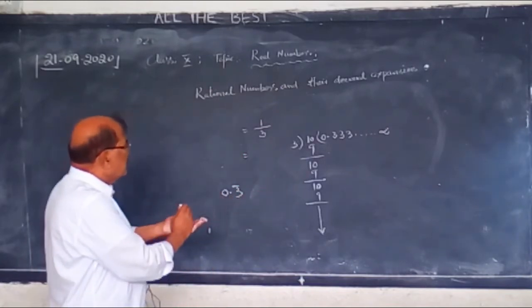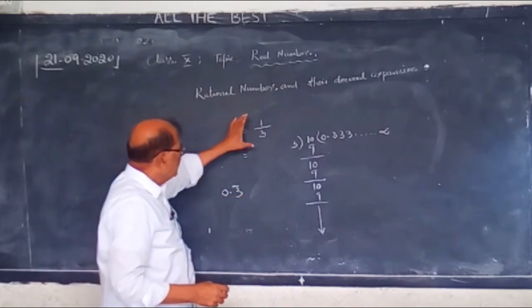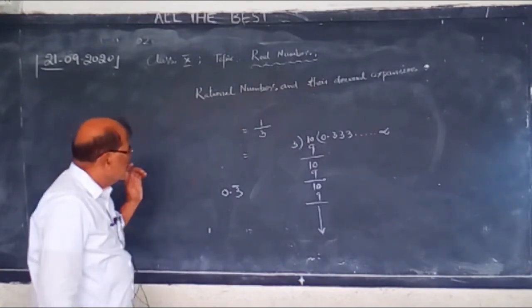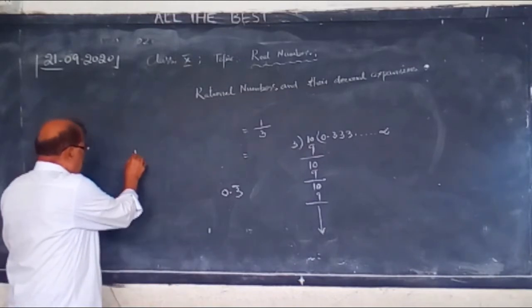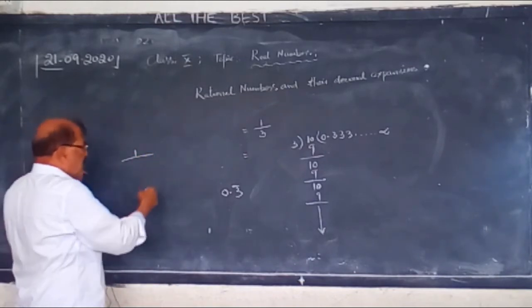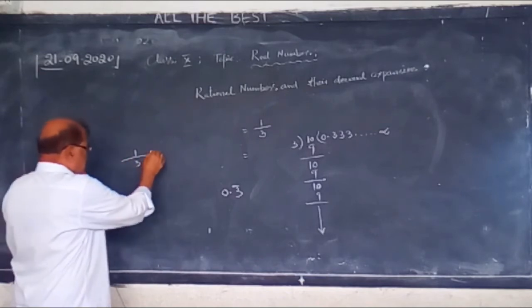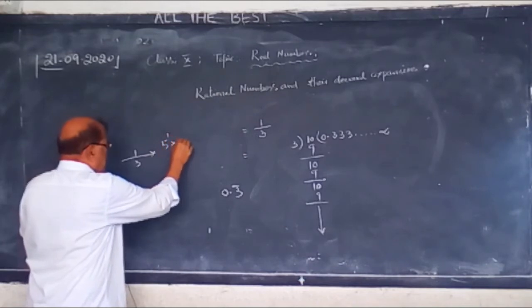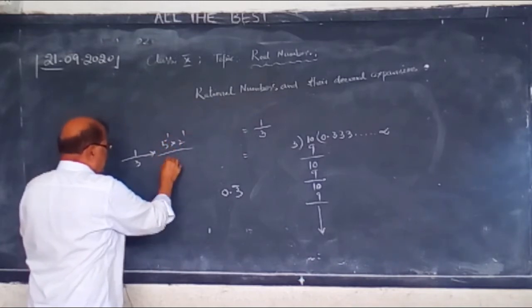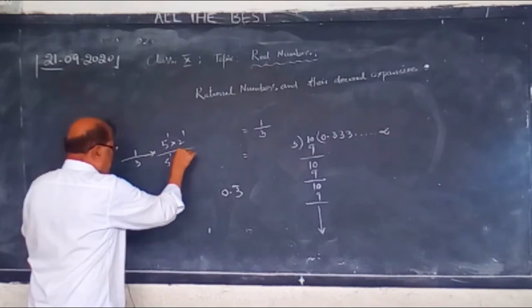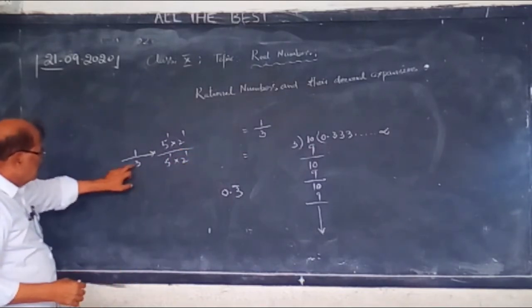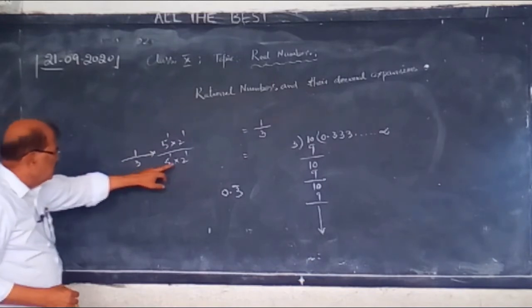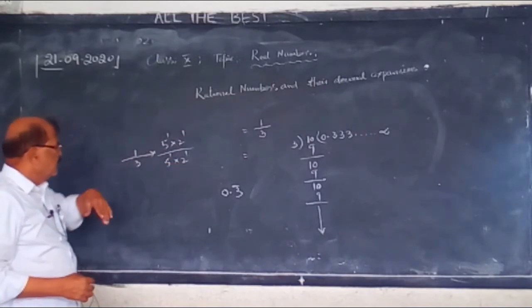Now why can't we convert it into a terminating decimal? For example, 1 by 3. As long as 1 by 3 is there, suppose you are multiplying by 5 to the power of 1 into 2 to the power of 1, again 5 to the power of 1 into 2 to the power of 1, because 3 is there. In 5 to the 10 form we can immediately put a decimal.